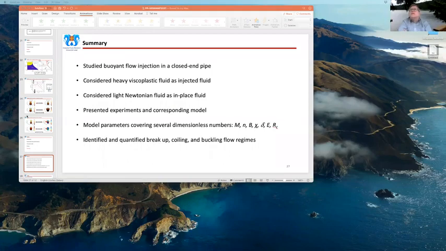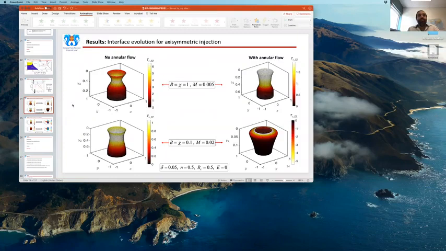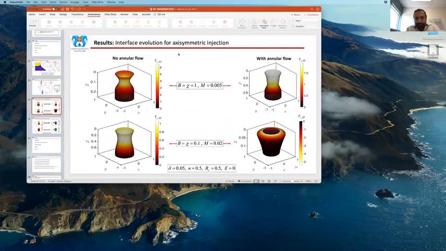But yes, so you cannot obtain... Do you still see my screen? Yeah. So this is with no annular flow, right? So you're always going to have breakup at some length, because of the buoyancy. But you need the stresses from the annular fluid so that you can apply them at the interface and move the interface up so that you can have the buckling.